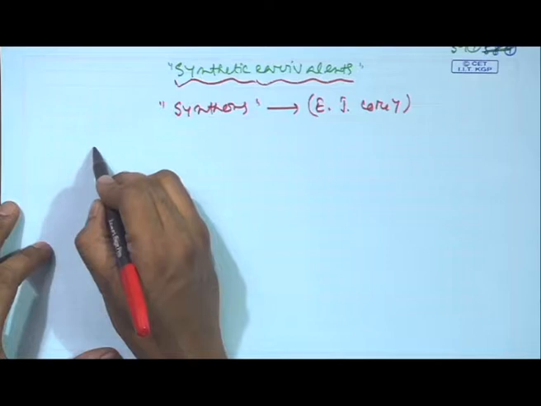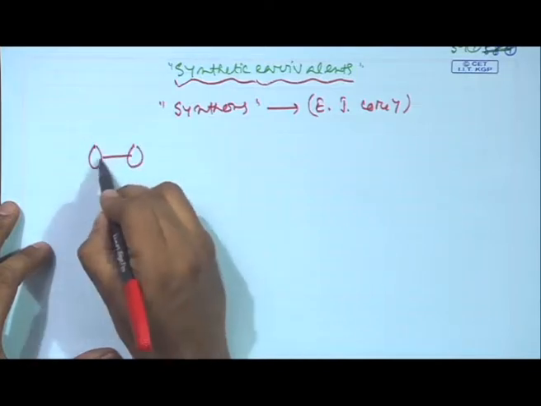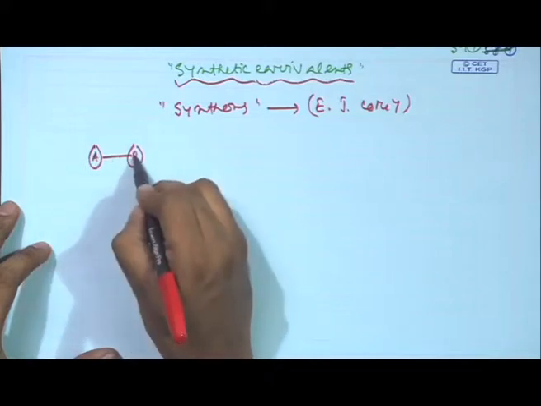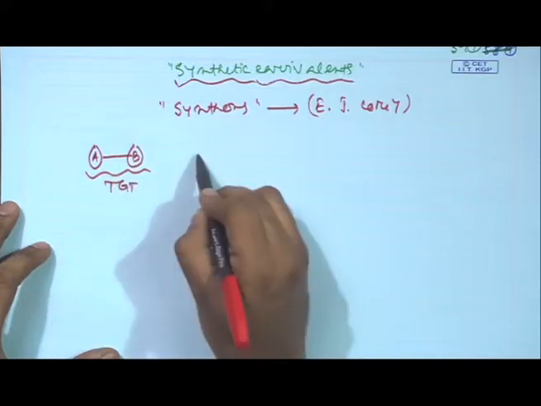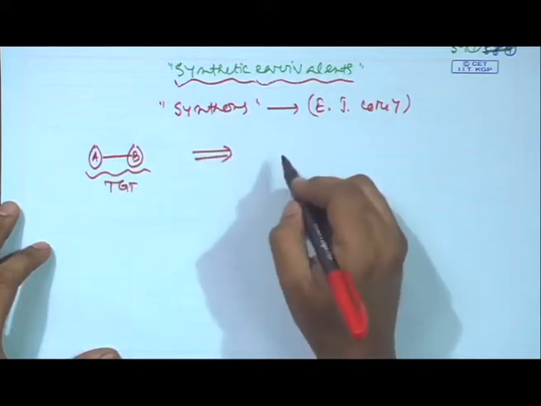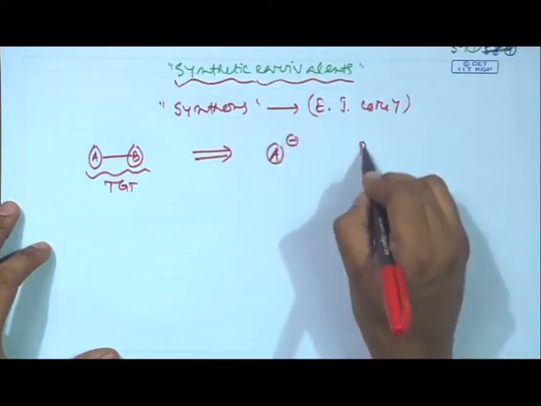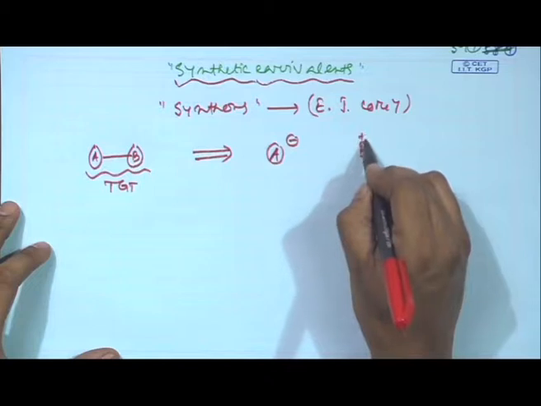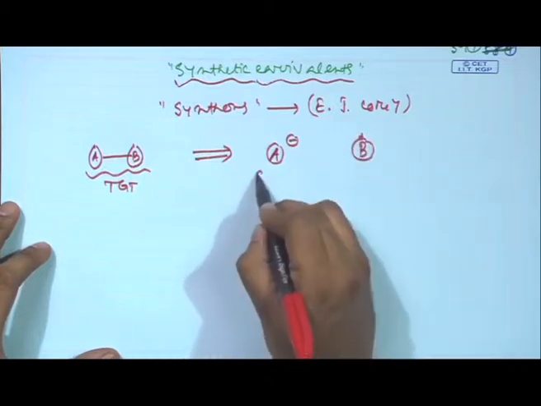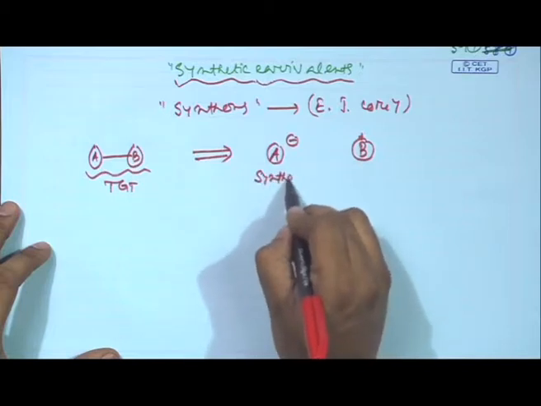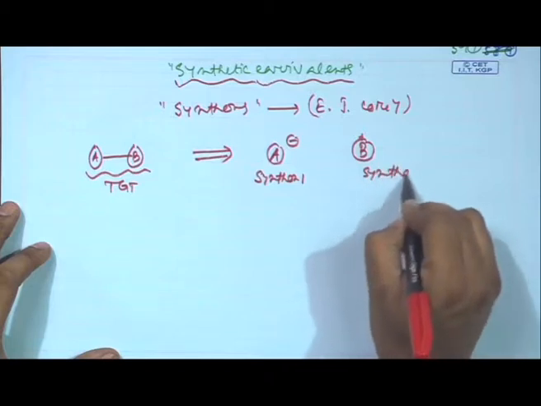Professor Corey's definition of the synthon says that if you have two different units in your target molecule, you can do a disconnection into A minus and B plus, just by polarity addition, and you can make a new bond. This A minus can be called synthon 1 and B plus can be called synthon 2.